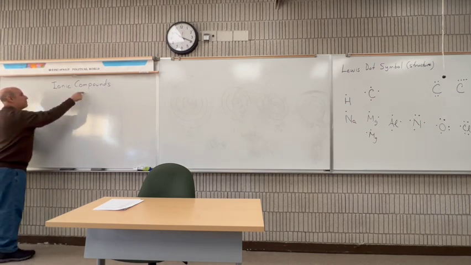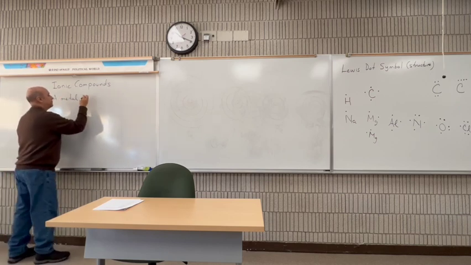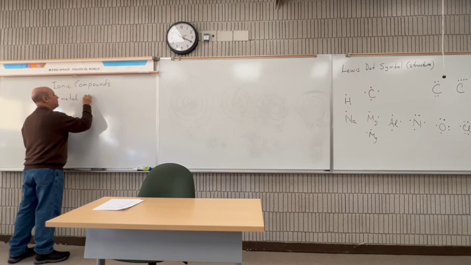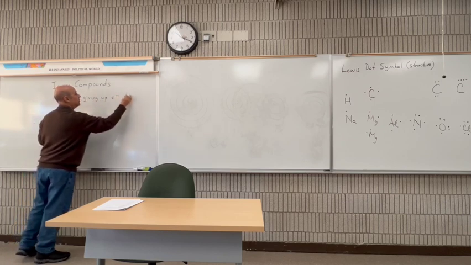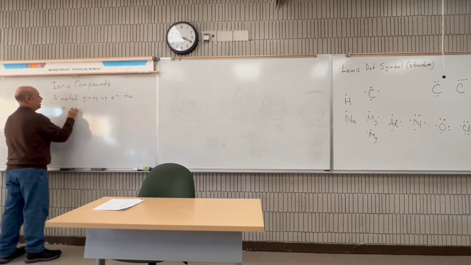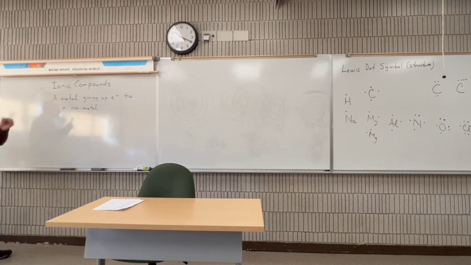So an ionic compound forms when you have a metal giving up electrons to a non-metal. So all ionic compounds have a metal and a non-metal, at least. They can be more complicated than that, but at the very least, you're going to have a metal and a non-metal.